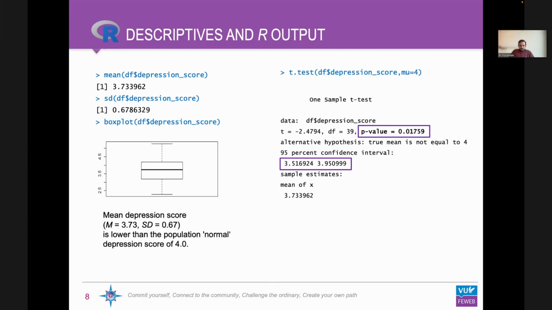So the rule is that if the p-value is less than your significance level, then you reject the null hypothesis, because the value that you see is extreme under the null distribution.